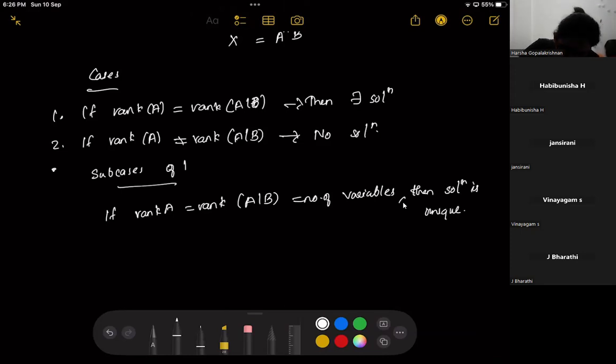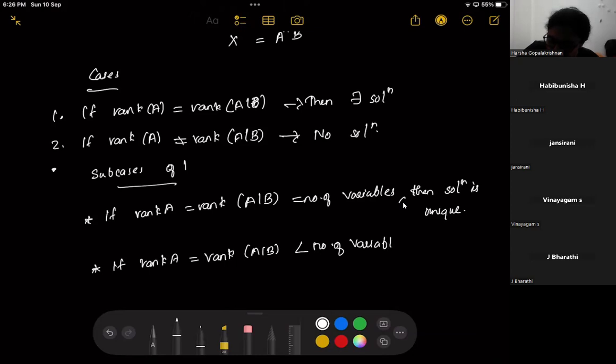Now, the next case is if rank of A equals rank of A|B, which is strictly less than the number of variables, we have infinitely many solutions.